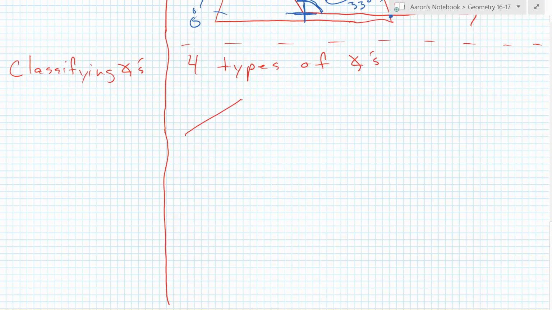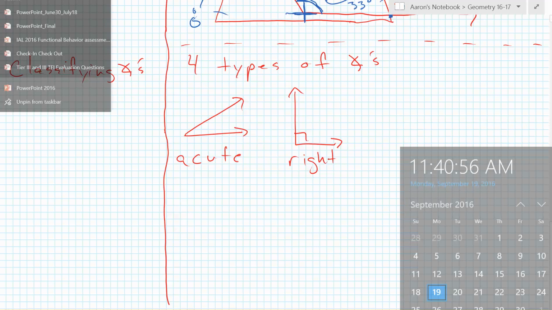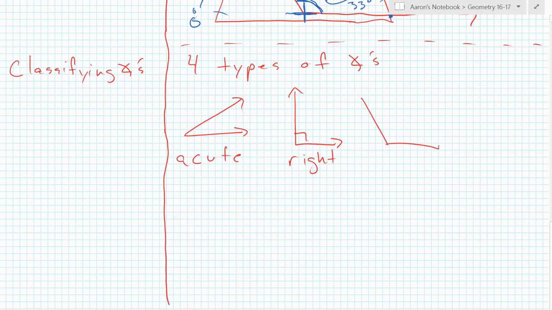There are acute angles, there are right angles, there are obtuse angles, and there are straight angles.